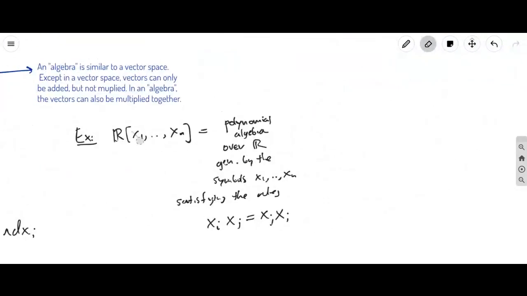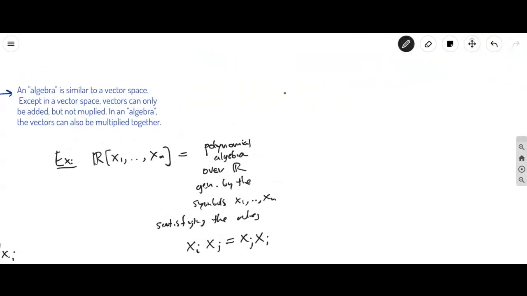So why is this an algebra? Well, just to show you how a typical element looks like, you might have like x1 squared x3, and then you have a coefficient. The coefficient is going to be a real number, and then you have maybe like a half x1 cubed, right?